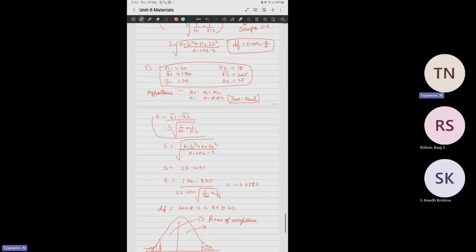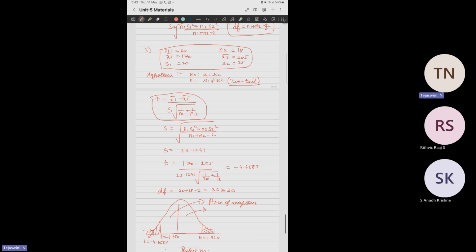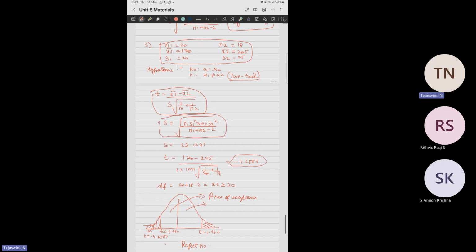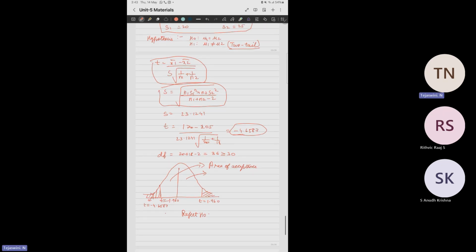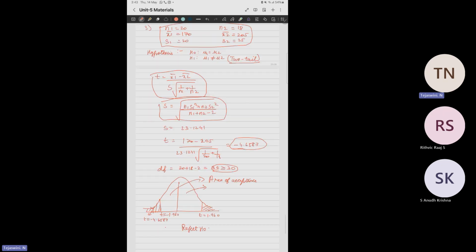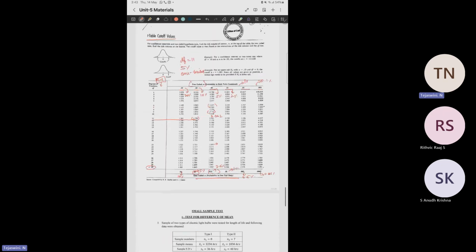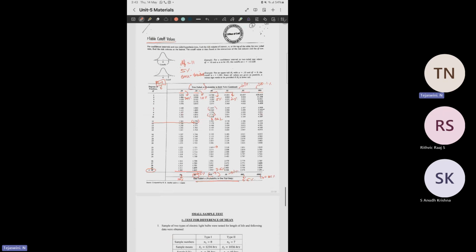We'll have to use this formula. And then substituting everything in these two formulas, we get the value of t to be this. And degree of freedom will be 36 over here. Since the degree of freedom is greater than or equal to 30, like I said before, we will have to use this, right?